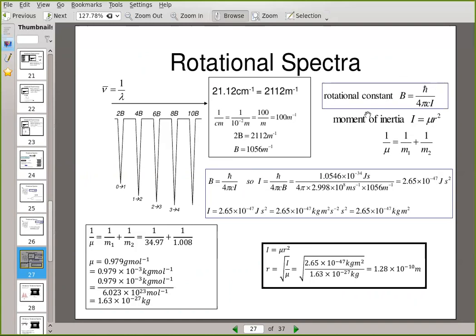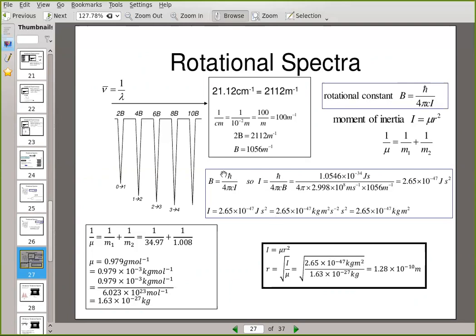And so the question is, can we use what we have available to calculate the bond length? You're happy that from the spectra, we recall that the bands are 2B apart. And so we've got the rotational constant is 1056 per meter. Now we know what B is. We've got to rearrange with all these constants to find what I is.